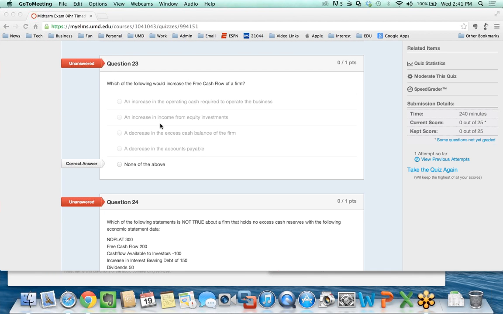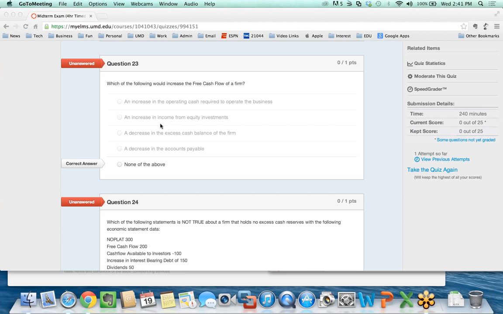For question 23, which of the following would increase the free cash flow of a firm? Remember that free cash flow is gross cash flow minus gross investment. So in this case, if we increase the operating cash required to operate the business, then we're increasing working capital, which means we're increasing investment, which means we're decreasing free cash flow.